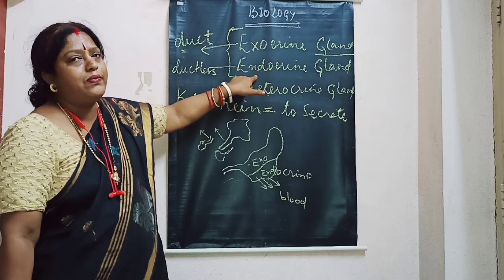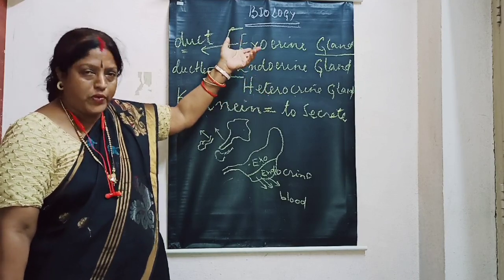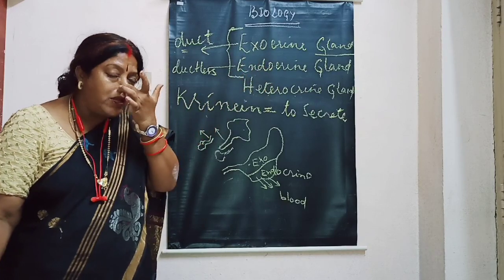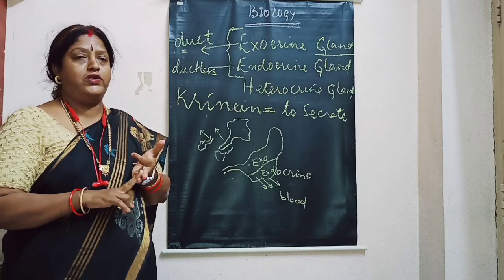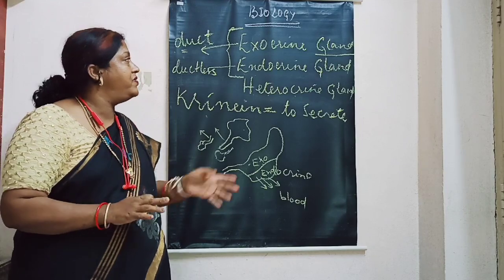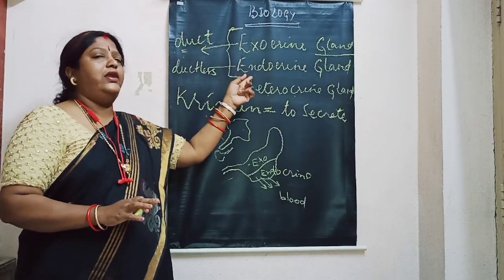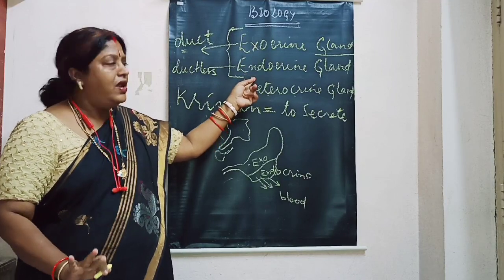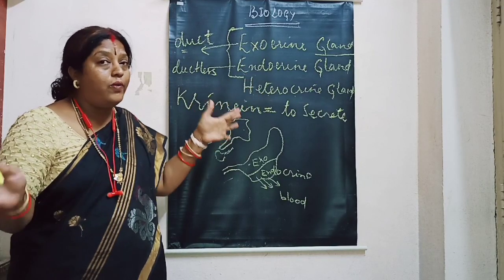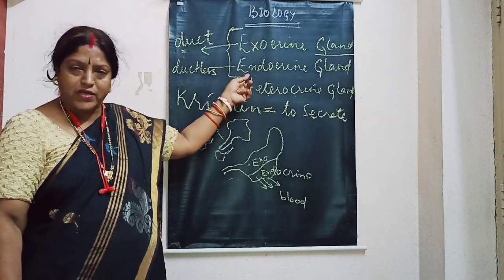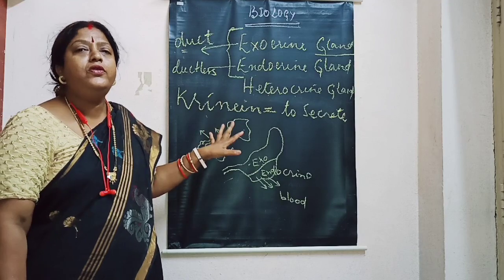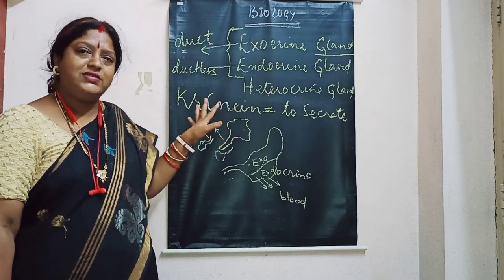All enzymes are proteins, whereas hormones may be proteins, amino acid derivatives, or steroids. We will learn still more elaborately about endocrine glands in the coming chapters. So this was the doubt put forward by some of the children.